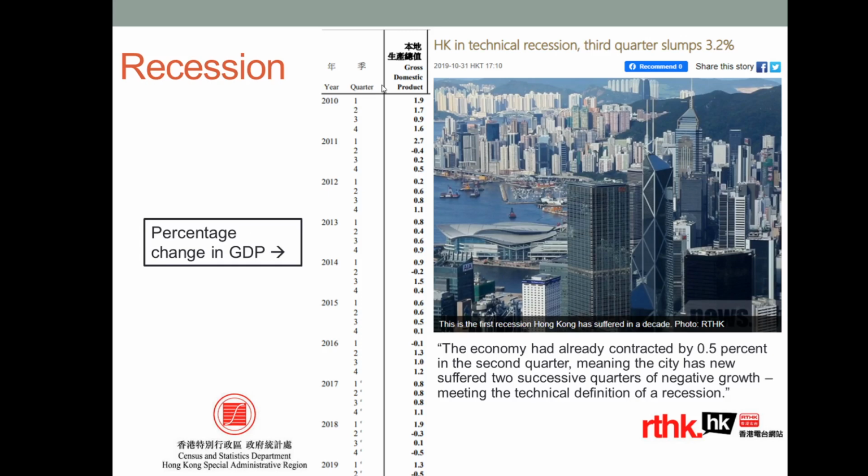Take a look at this. This is the economic growth percentage from 2010 to 2019. See, from 2010 to 2018, do we find any recession along the way?